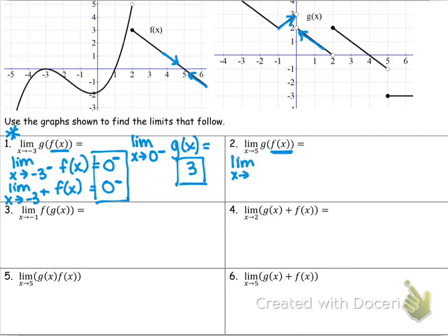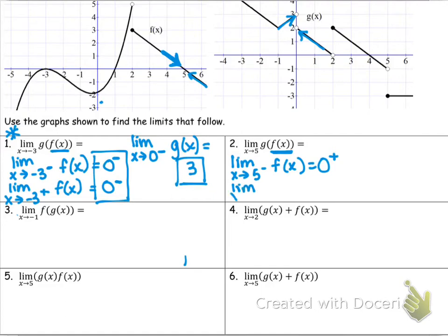So the limit as x approaches 5 from the left of f of x. Well, that's going to be 0, but we're coming from values greater than 0. We're coming from above, from positive values.